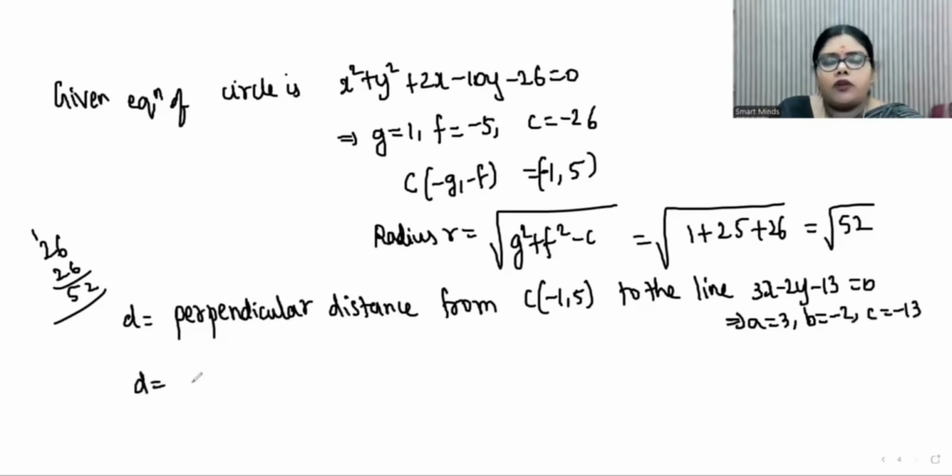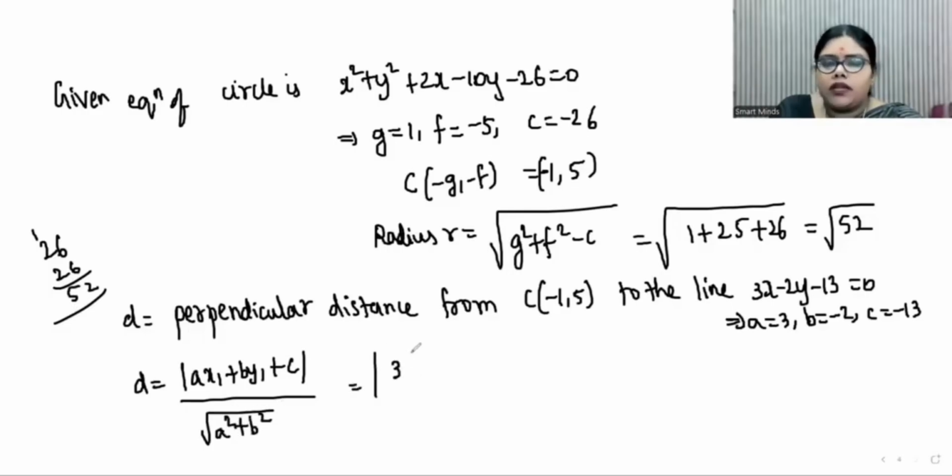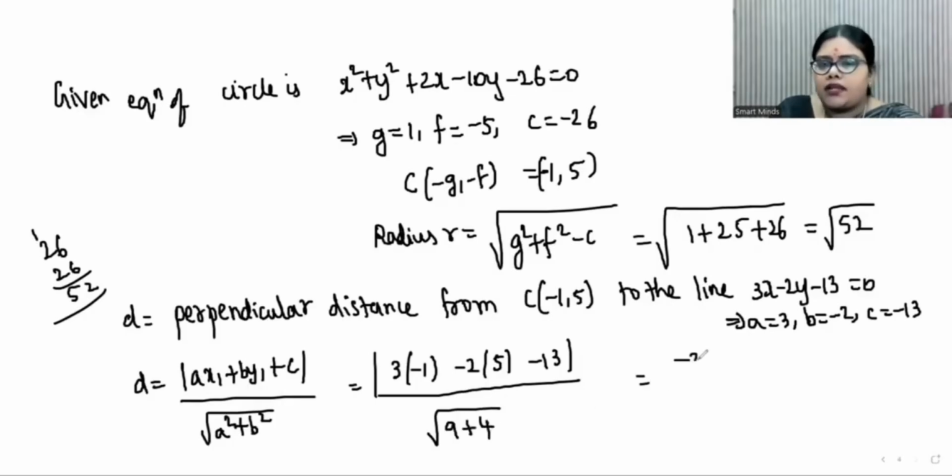So from here we take a as 3, b as minus 2, c as minus 13. So d, what is the formula for perpendicular distance? Mod of a x1 plus b y1 plus c by root a square plus b square. So that is mod 3 into minus 1 minus 2 into 5 minus 13 by root 9 plus 4. That is minus 3 minus 10 minus 13 by root 13.